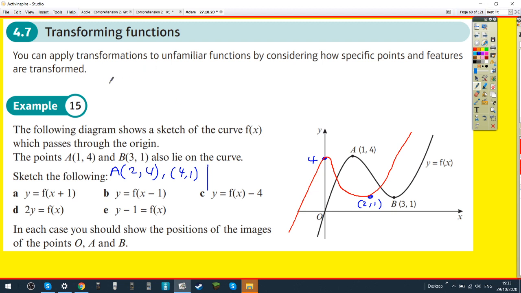If it was next to the y, it would be the opposite. Okay, so for A would be 1, 0. B is 3, -3.